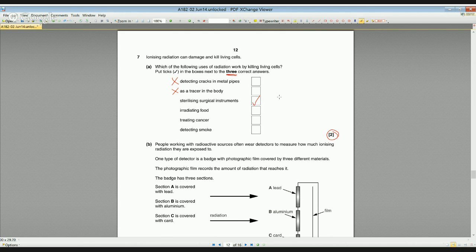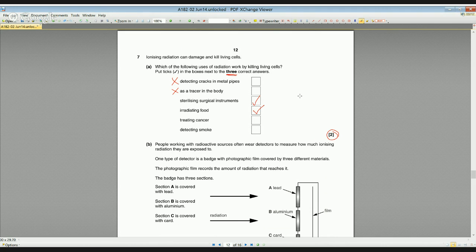So by shining gamma radiation on food, you're not going to damage the food. The food is already dead, so you're not going to cause any cell mutations, but anything that is living on the food, for example, bacteria, will be killed. So this is a correct answer.